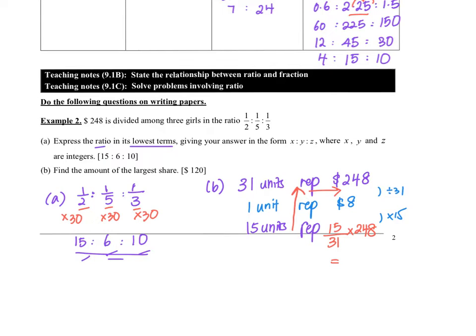And then if this is the case, I'll skip this working over here and get to the answer directly. So 15 over 31 times 248. And that gives me the answer 120. Is this same as the answer that you have written?